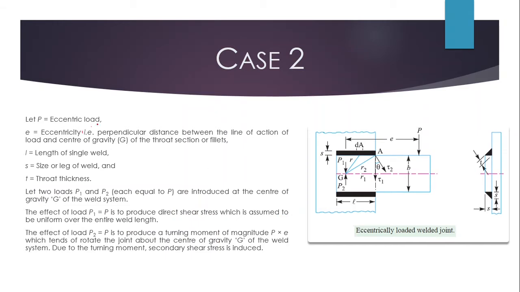Let P be the eccentric load and E the eccentricity. This is P, and that P is the eccentric load, and this E is the eccentricity. And L is the length of the weld, S is equal to the leg of the weld or size of the weld, and T is the throat thickness.